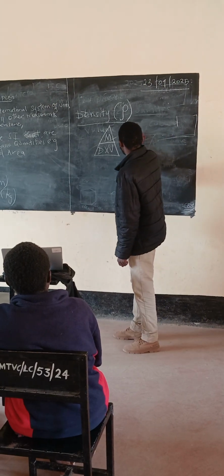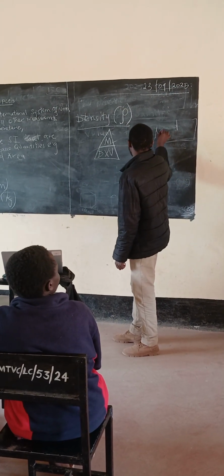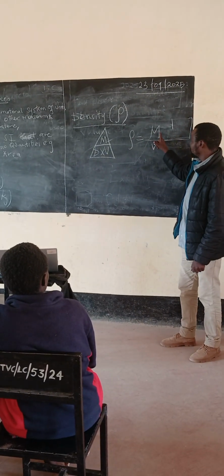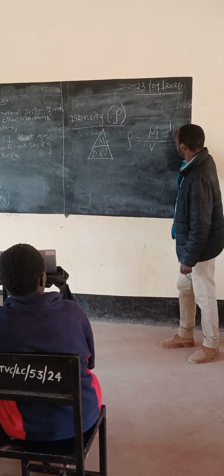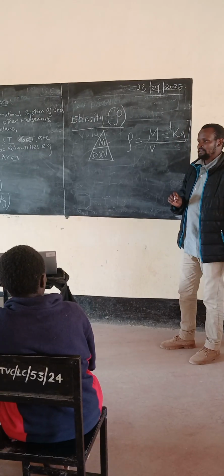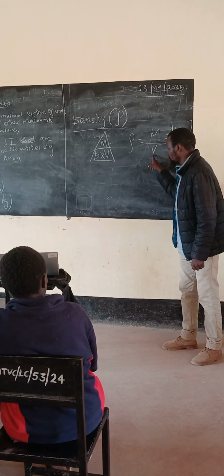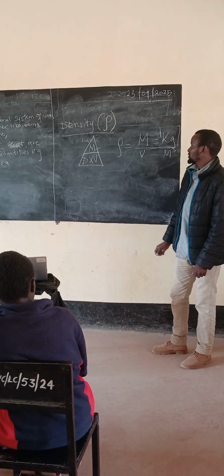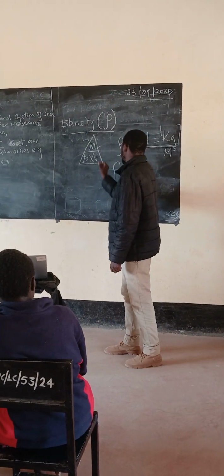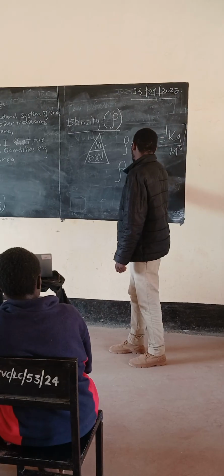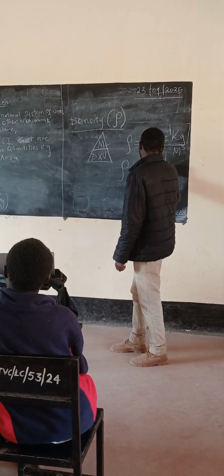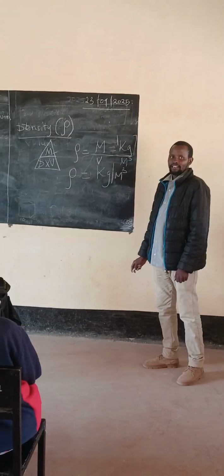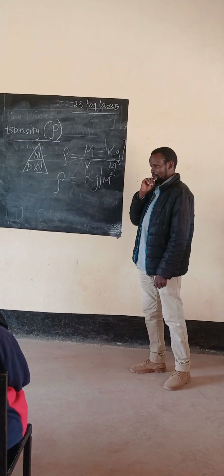So density is equal to mass over volume. And the SI unit for mass is kilograms, and the SI unit for volume is meters cubed. So the SI unit for density must give you kilograms per meter cubed. Now let's do an example.